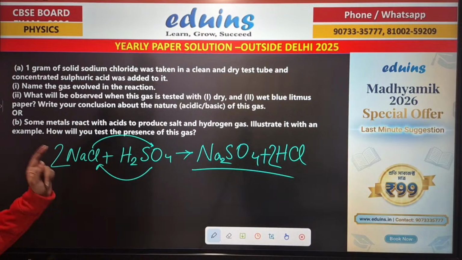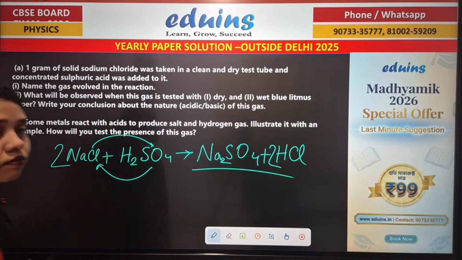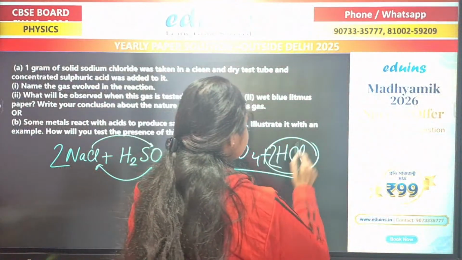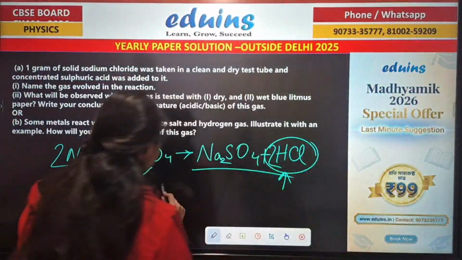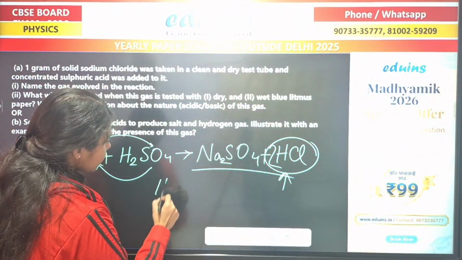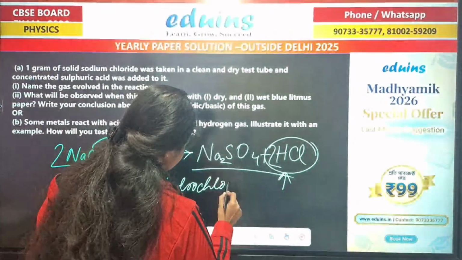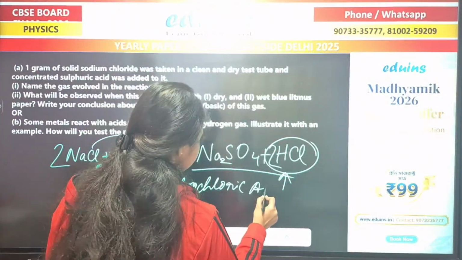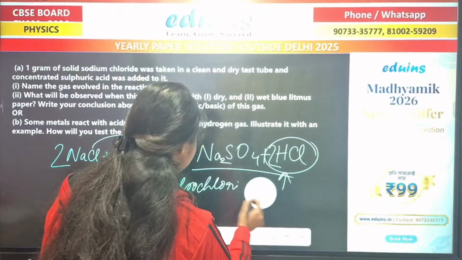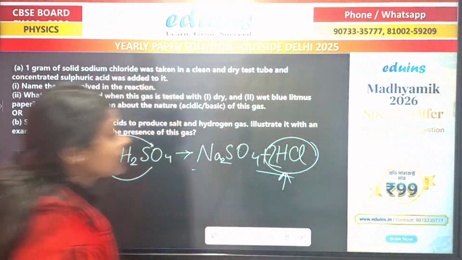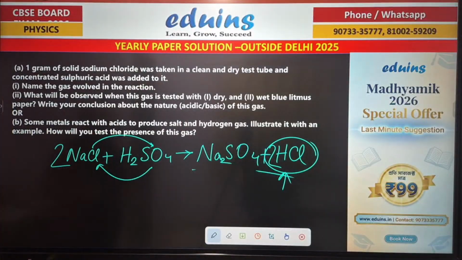Okay, so name the gas evolved in the reaction. What will be evolved?